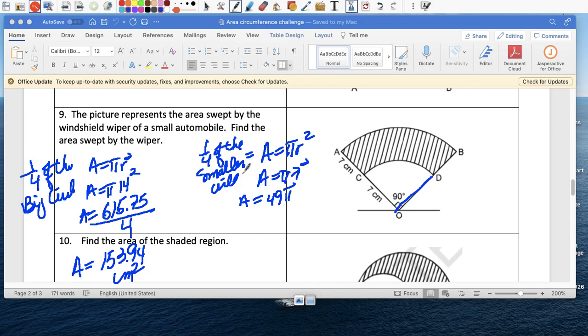Let's multiply that out. 49 times pi is 153.938. But remember, the area of the smaller circle is 49 pi, and we're dividing that by 4, so that's what I should have done.